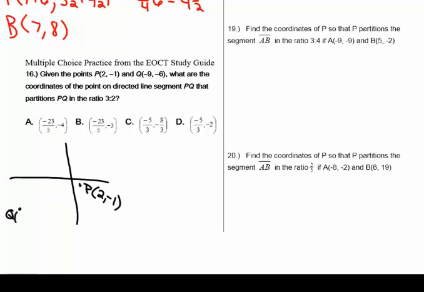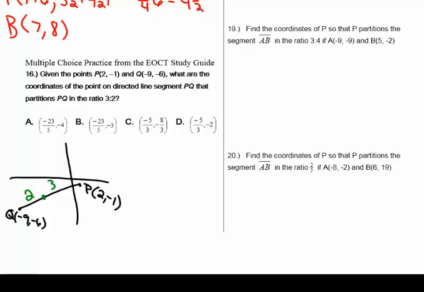Doesn't have to be perfect. -9, -6. Okay, and then we have our line segment there. Now keep in mind, we're looking at directed line segment PQ. So we are going from P to Q. And we need to partition it in the ratio of 3 to 2. So if we are 3 units away from P, we need to be 2 units away from Q. Okay, so let's find our lengths.